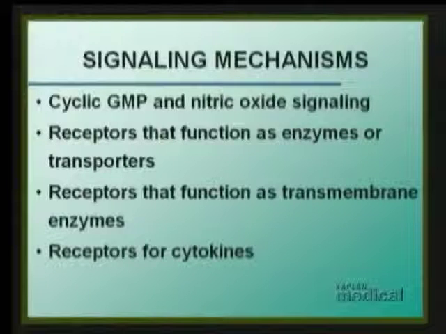Now, besides working on intracellular receptors, working, of course, through ion channels or working through GS, GI, or GQ, there are other signaling mechanisms. On your screen, you can see that cyclic GMP and nitric oxide signaling is also an important way of causing responses, but it's a very specific way of working.